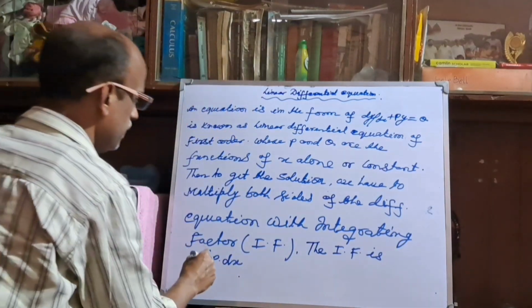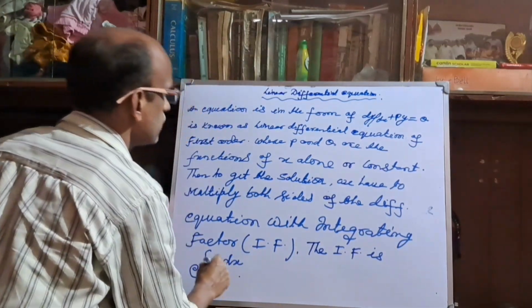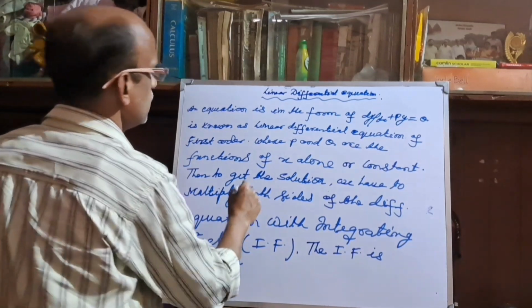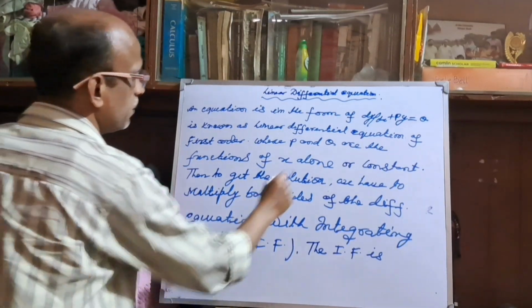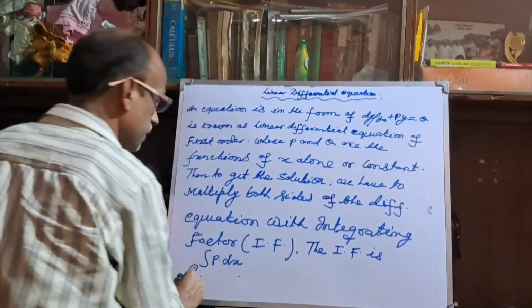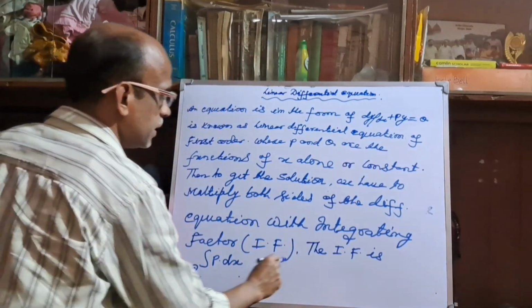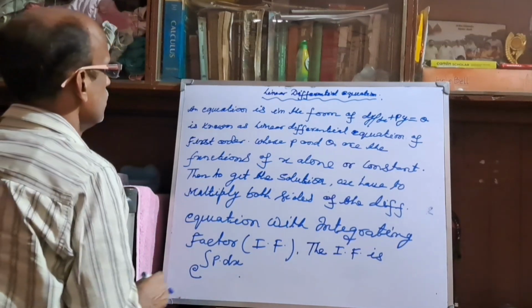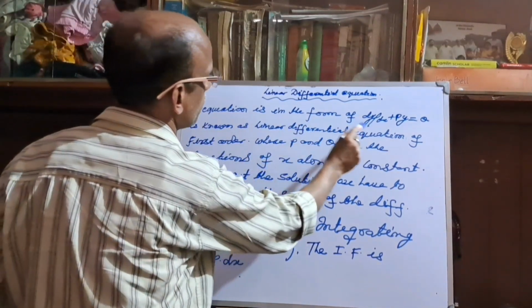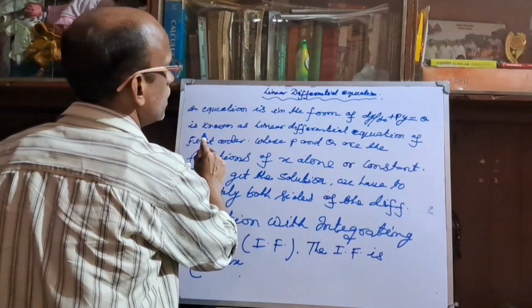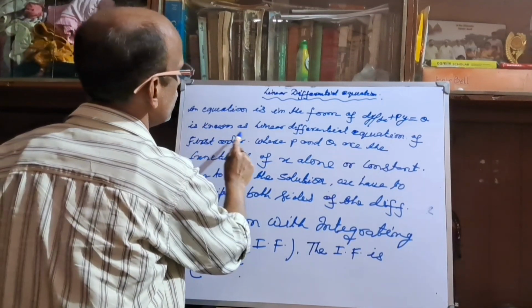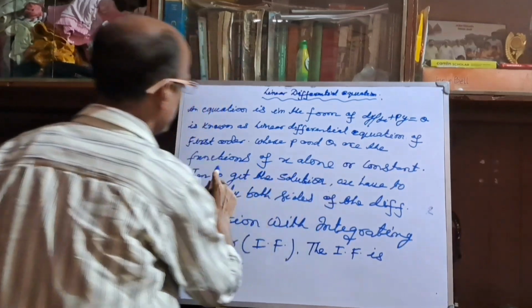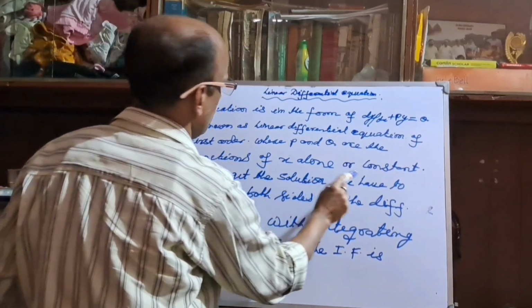We shall multiply both sides of this differential equation with the integrating factor, e to the power integral of p dx. So you just see, an equation in the form of dy by dx plus py is equal to q is known as the linear differential equation of the first order, where p and q are functions of x alone or constants.